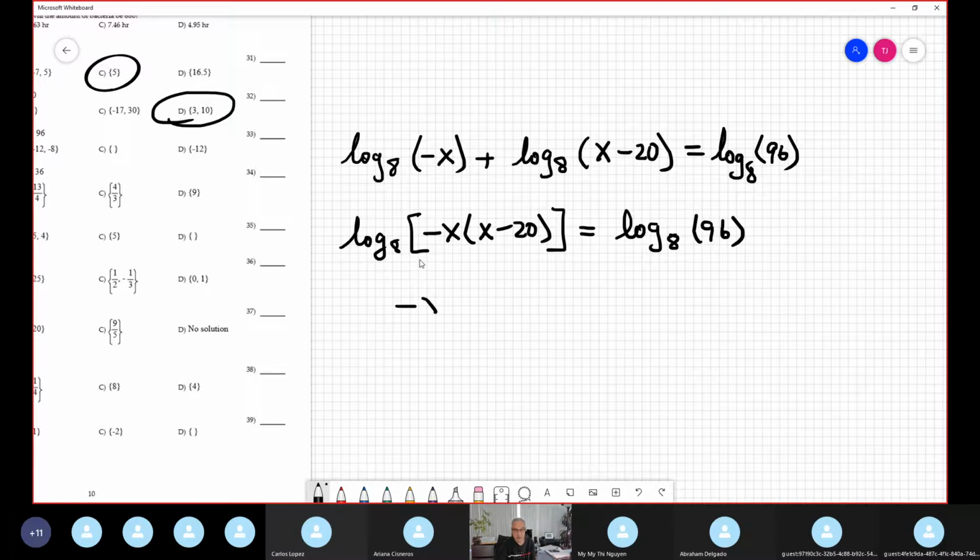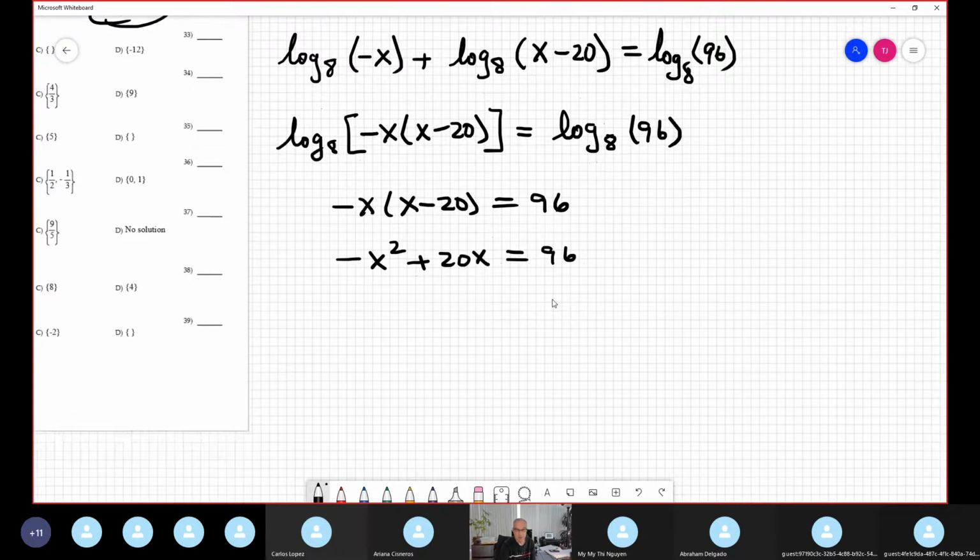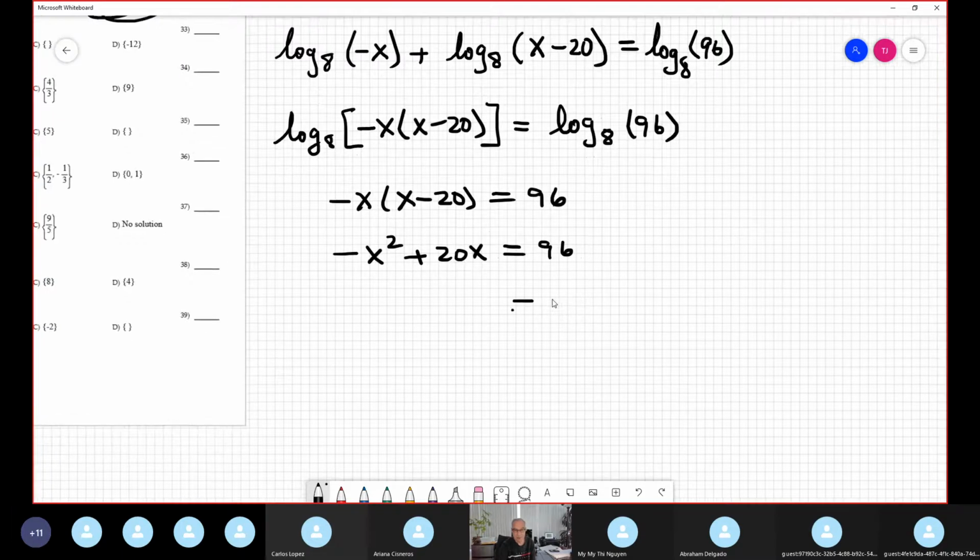So you copy: negative x times x minus 20 equals 96. Distributing, minus x squared plus 20x equals 96. I recommend moving everything to the right: x squared minus 20x plus 96 equals 0.